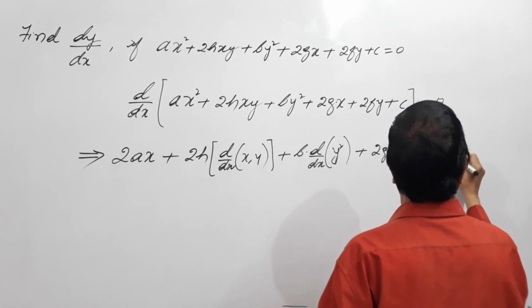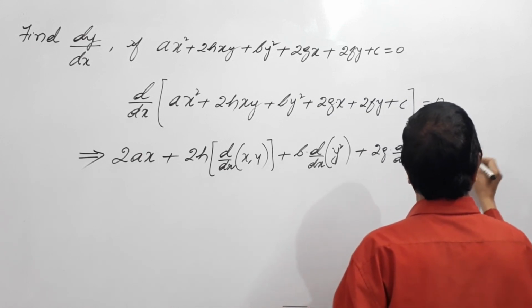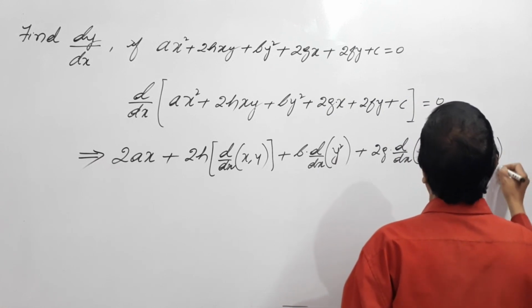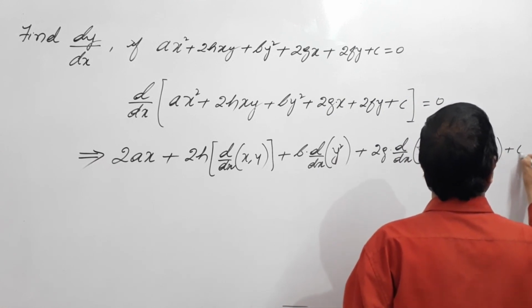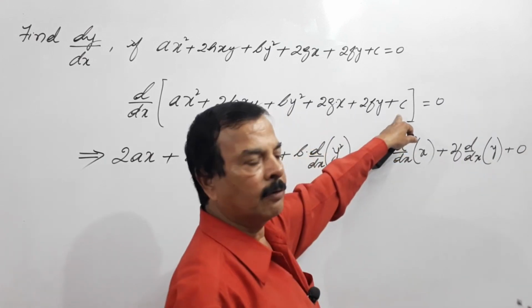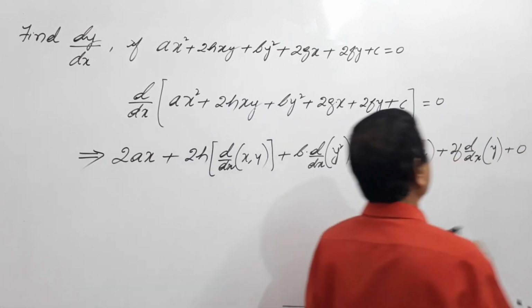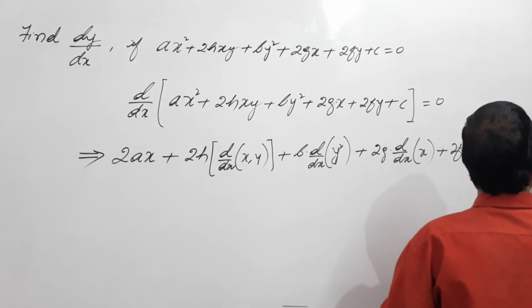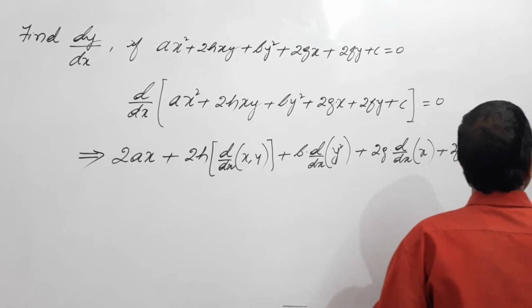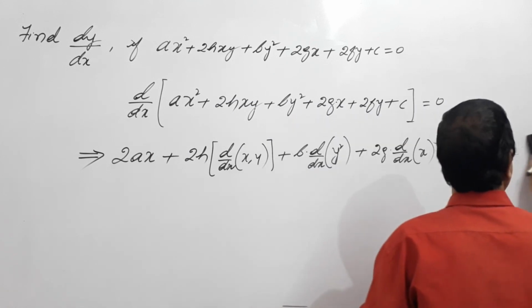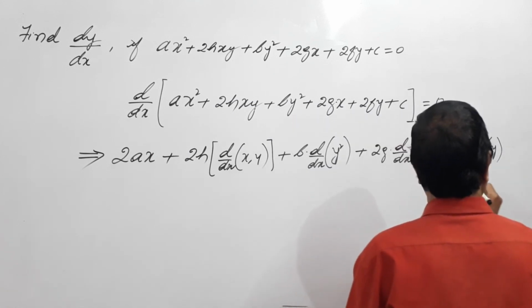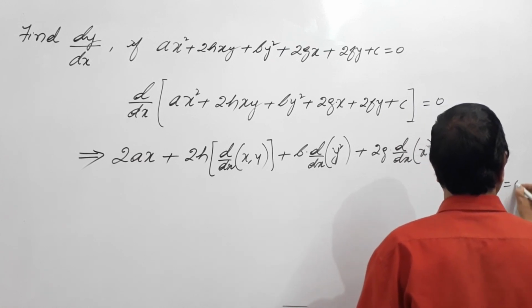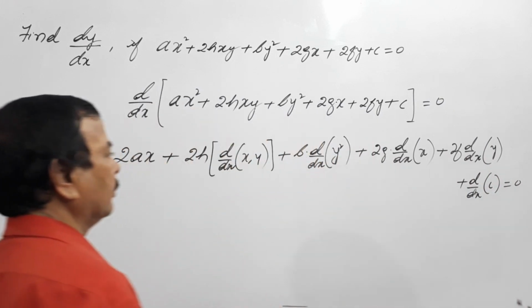I'll take 2f outside, d by dx of y, plus this is differentiation of a constant, which will be 0 straight away. Okay, I'll write one step. So d by dx of c equals to 0.